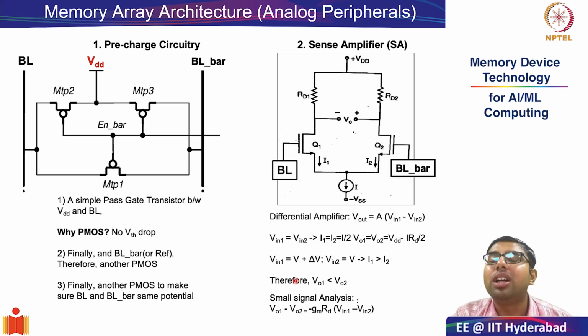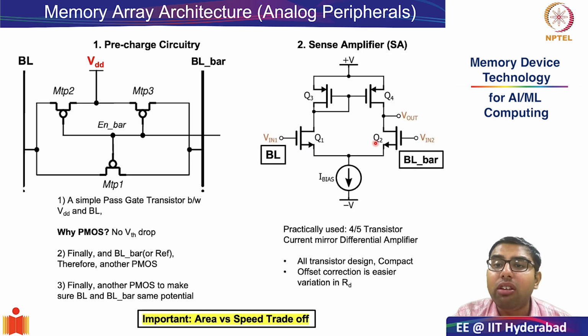Without doing a small signal analysis, which can be looked up in any analog textbook, we will see that the difference between VO1 and VO2 will be proportional to Vin1 minus Vin2 multiplied by minus gm into RD, where gm is the transconductance of these identical transistors.